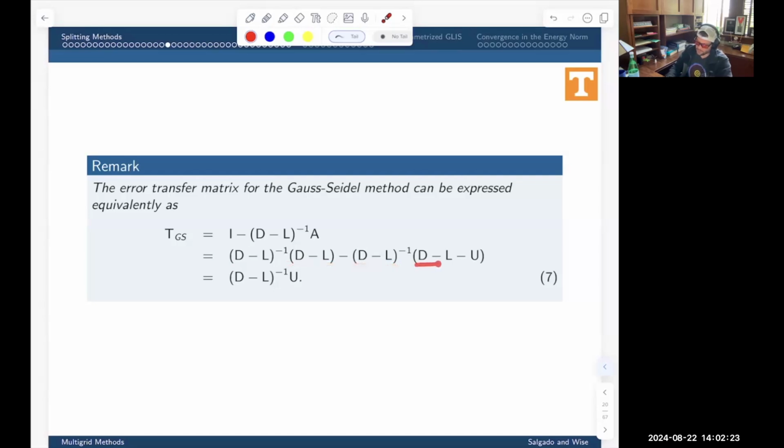Here we're going to rewrite A as D minus L minus U. And if we pull out that common factor, then we have a big parentheses full of stuff, and the stuff just collapses down to U. So we get D minus L inverse times U. And so notice all the letters of the alphabet of the canonical decomposition of A appear: D, L, and U. All right, so that's another way of writing the error transfer matrix for the Gauss-Seidel.